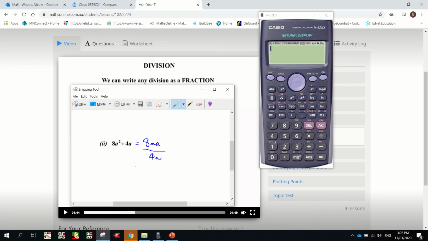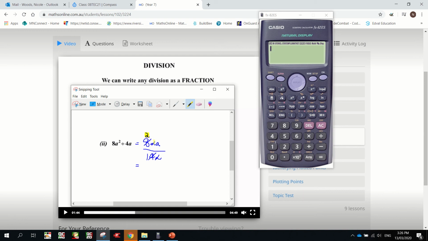4a. So our first rule, let's do our numbers. 4 goes into these both equally. So how many times does 4 go into itself? Once. How many times does 4 go into 8? Twice. Okay, now the letters. We've got an a in the top and a in the bottom, so let's cancel them out. 1 for 1. What are we left with?